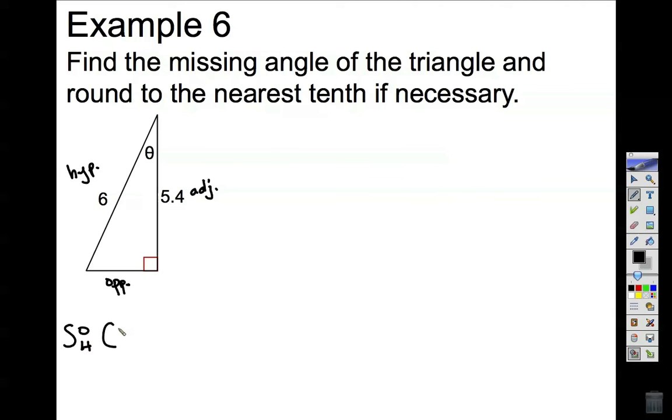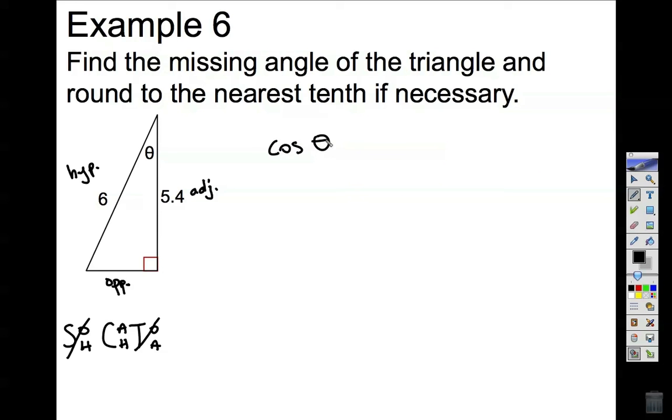Sine, cosine, or tangent? I'll give you a little time to figure that out. Okay. I am not using opposites, so everything with opposites is canceled out, and I'm left with cosine.